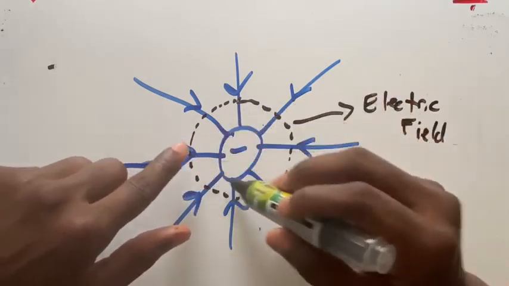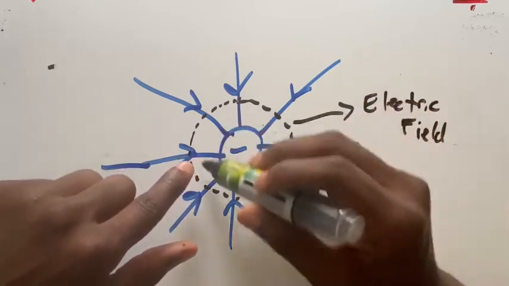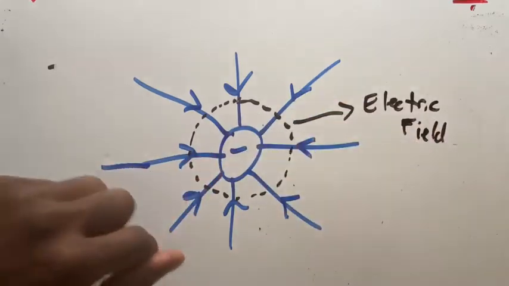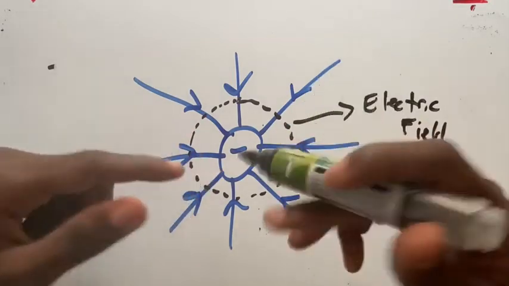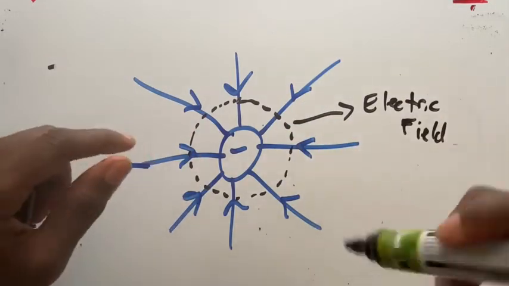That means the electric field is going to be basically kind of big the closer you get to the source, right? So the closer you get to the source, the stronger the electric field, right?